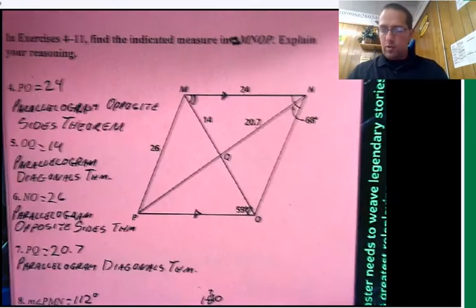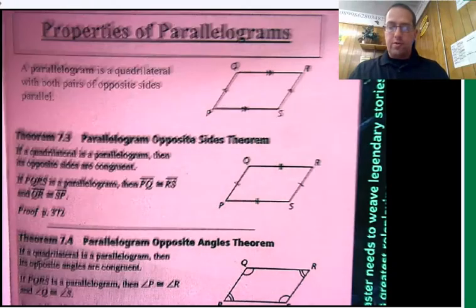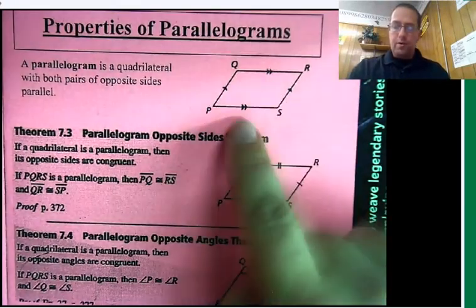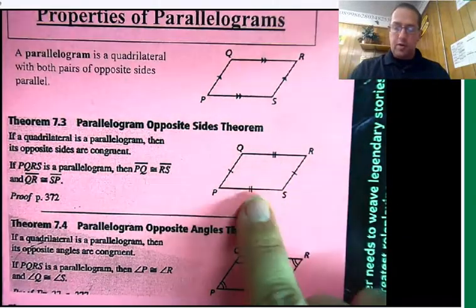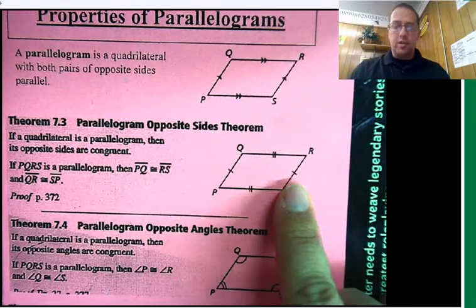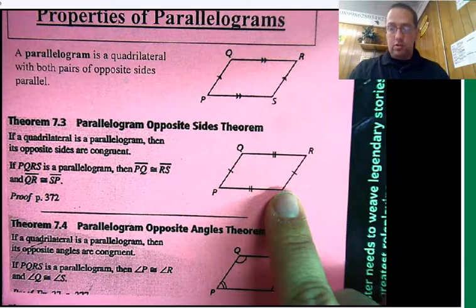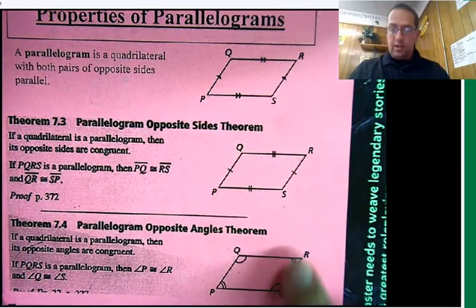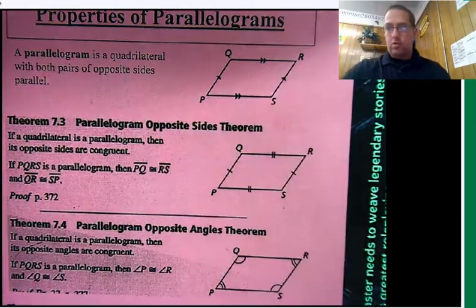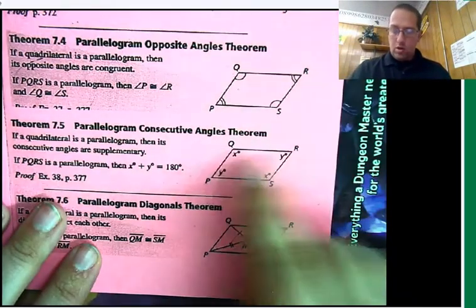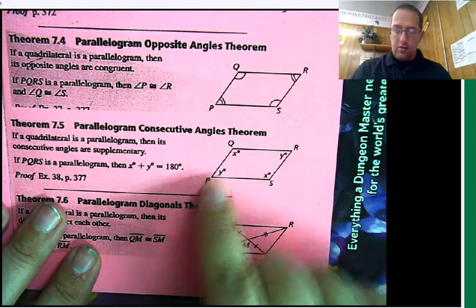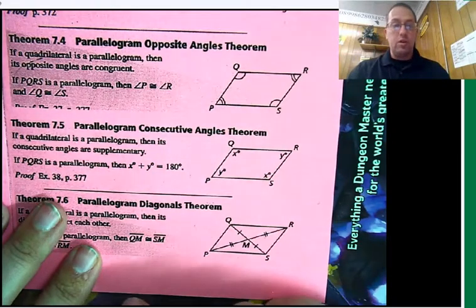All right. So just to recap, properties of parallelograms. Both sets of opposite sides are parallel to each other. Both sets of opposite sides are congruent to each other. Both sets of opposite angles are congruent to each other. All of the consecutive angles are going to add up to 180 degrees.